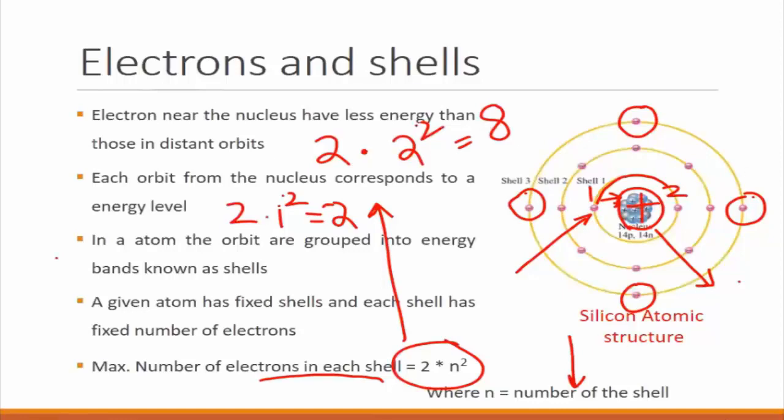So for the second shell, it's a total of 8. 8 plus 2 is 10, so we require 4 more. The outermost shell, the last one, is the third one, right? If you do 2 times 3 square, how much would that be? 18. So even though it can accommodate 18, all we need is 4 more for silicon.